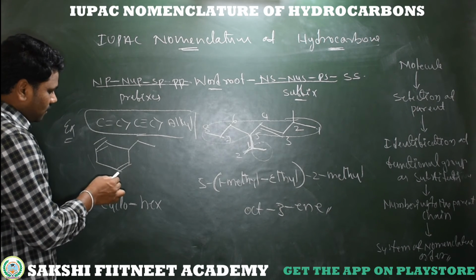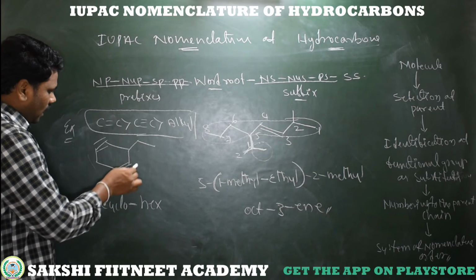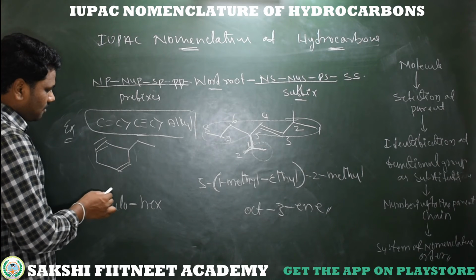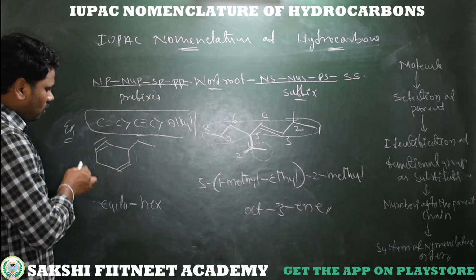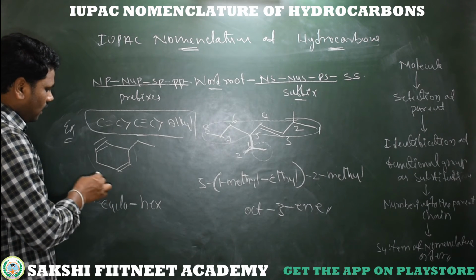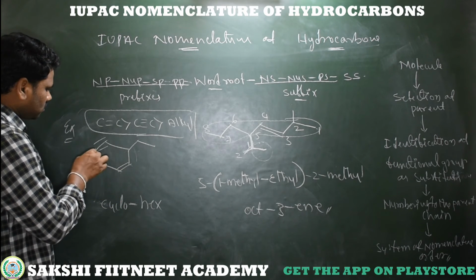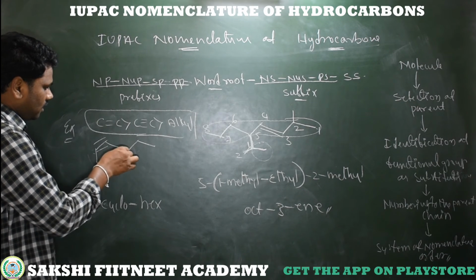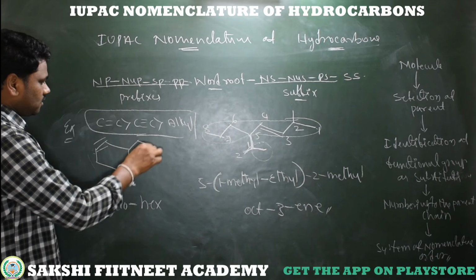Based on that, I should start numbering from this carbon or this carbon. If I start numbering from this carbon, I should follow anti-clockwise. If I start from this, I should follow clockwise. Following clockwise, at fourth position we get the unsaturation, the triple bond, and at sixth position the alkyl group.